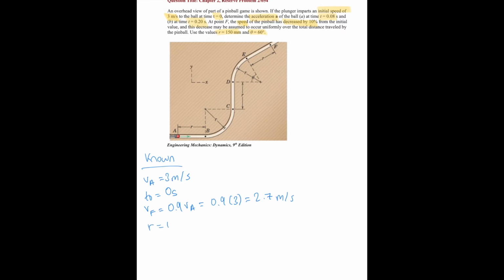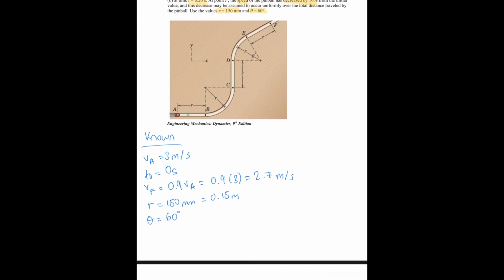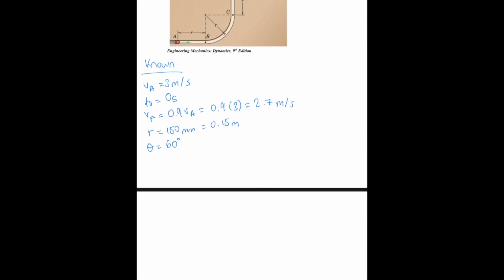We have r is 150 millimeters, or 0.15 meters, and theta is 60 degrees. So before we start solving, let's start with a little background to understand this problem better.